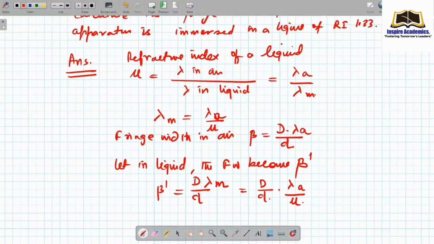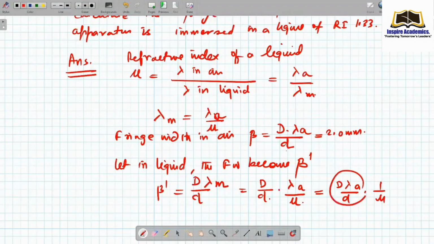Now can you find your capital D by d, because already you have been given beta's value, isn't it? So what is the value of beta given, 2.0 mm. Yes, agreed or not agreed. So this you can write as D lambda A upon small d into 1 upon mu. So this whole thing, what do you write in place of it, 2.